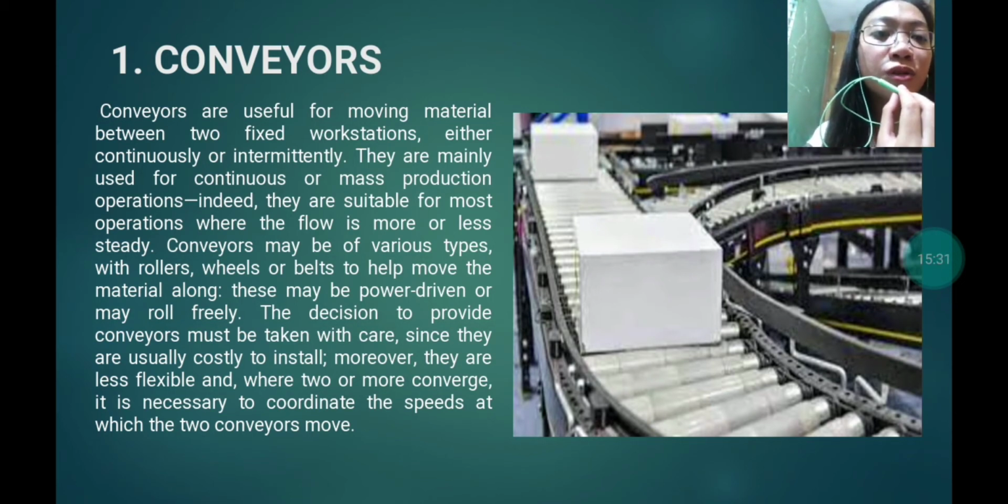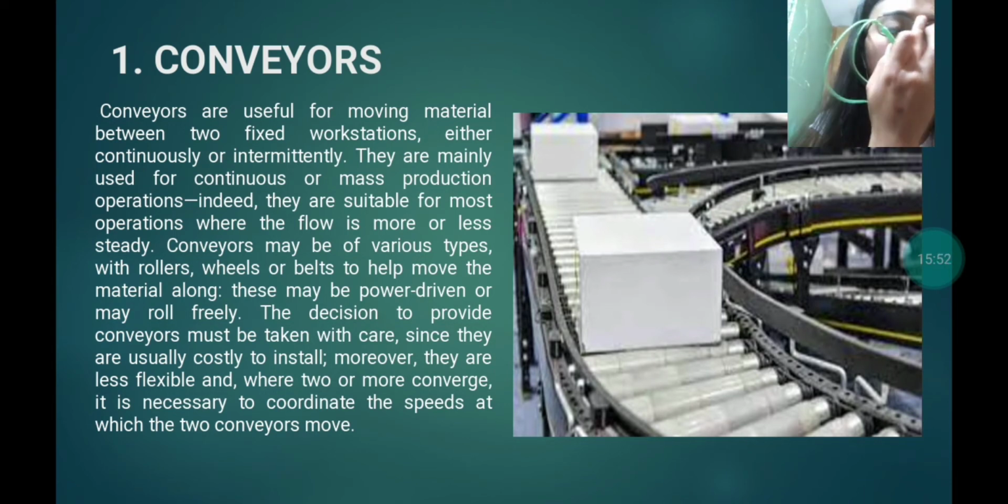The decision to provide conveyors must be taken with care, since they are usually costly to install. Moreover, they are less flexible, and where two or more conveyors are used, it is necessary to coordinate the speed at which the two conveyors move. So here is the picture.